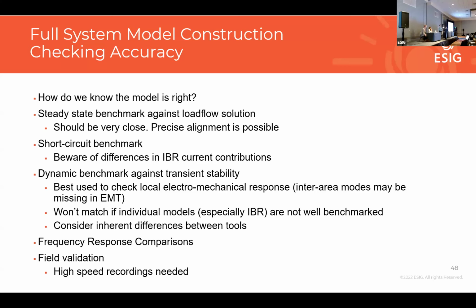Frequency response characteristic, we talked about this already, how we can keep growing our network to see when things start looking more accurate. Field validation, we talked about as well. If you get event recordings from your system, you can play those back into not only your IBR model, but you can also check the performance of the actual system components as well.